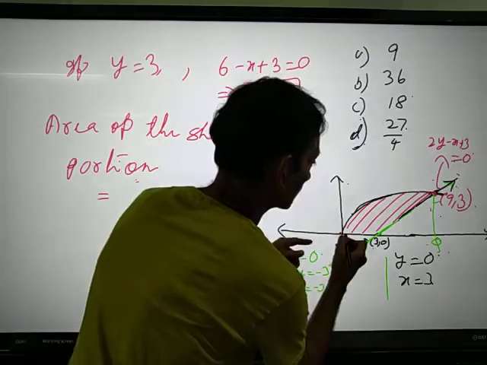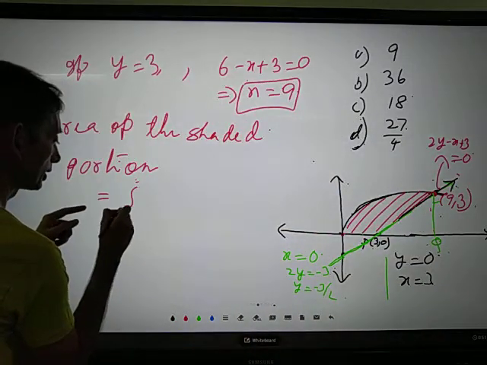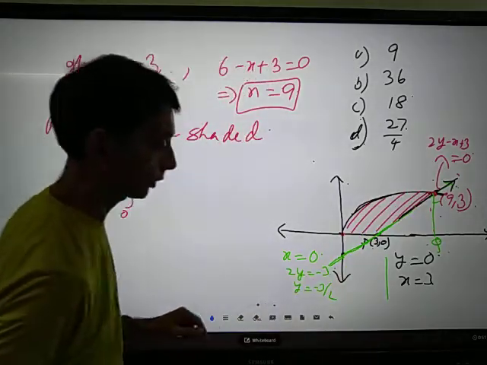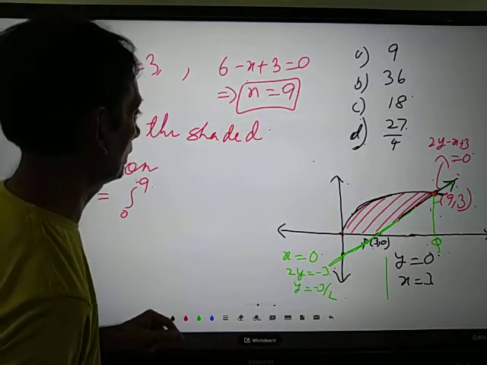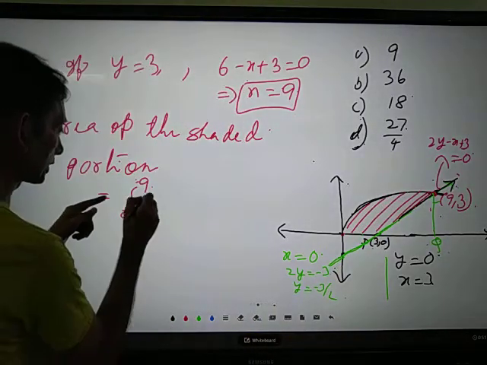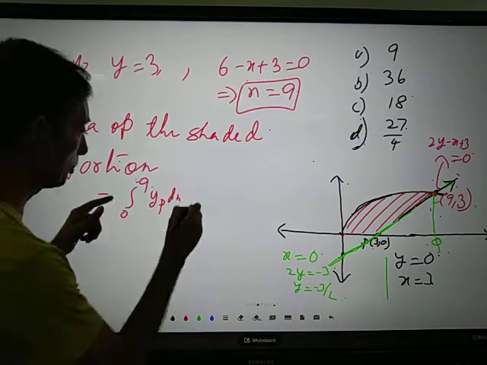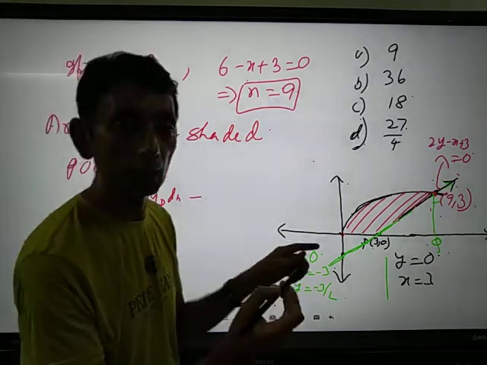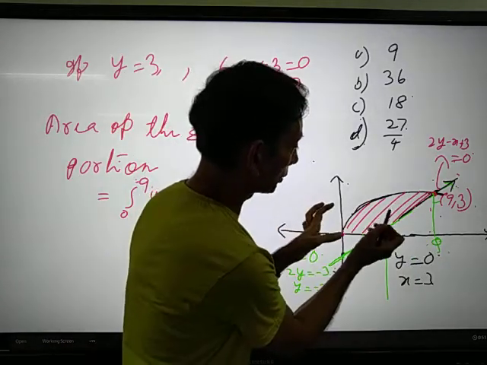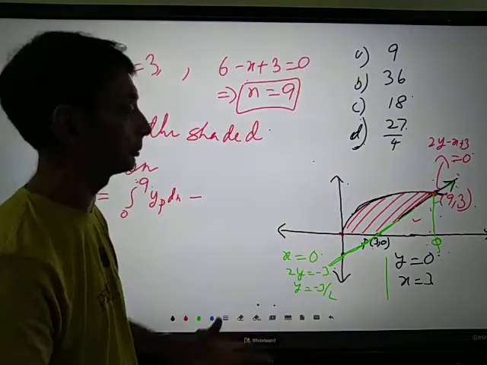We'll just start integrating from 0 to 9, bounded by this parabola, that is y equal to root x, y dx. So if you integrate from 0 to 9, you are going to get the whole portion, including the triangle, which we don't need.